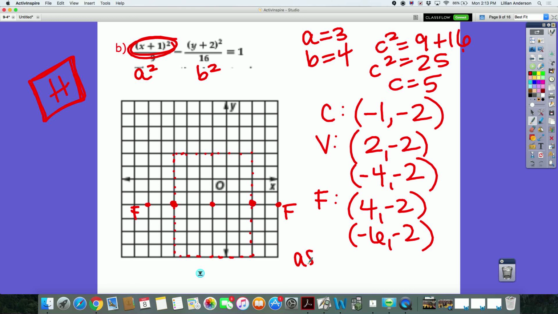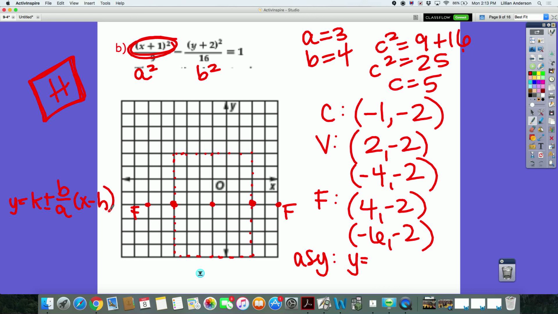Lastly, our asymptotes. Since it's horizontal, I'm going to write it over here so I can have the space. It's going to be y equals k plus or minus b over a times (x minus h). That's the formula for the asymptotes of horizontal hyperbolas.